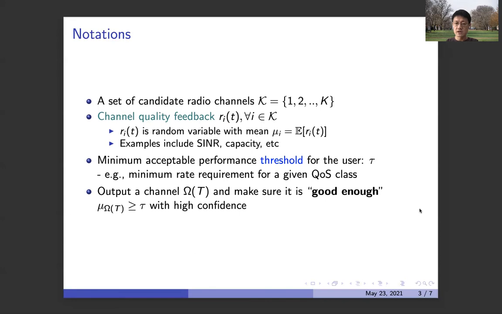With this given threshold, our goal is not to identify the best channel. Our goal is to output a channel at the end of a given time, capital T, and we want to make sure that this is good enough, meaning that the output channel has a mean reward value that is higher than tau with high probability. So this is our design objective.